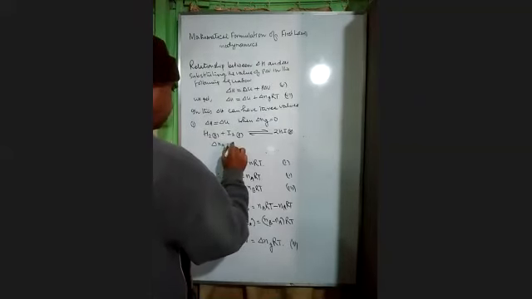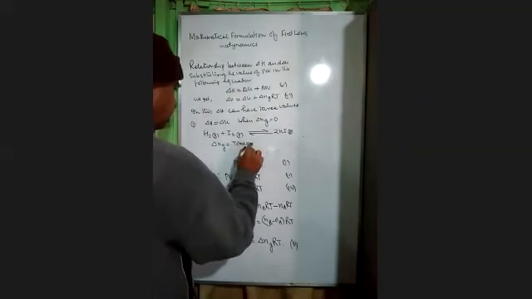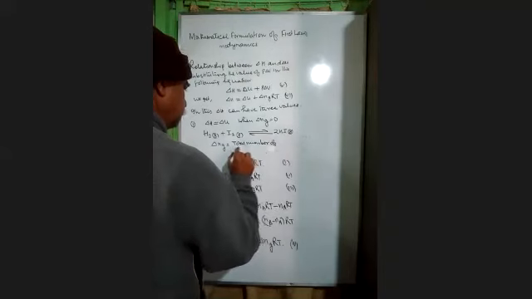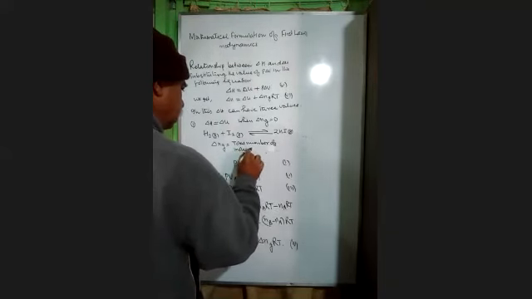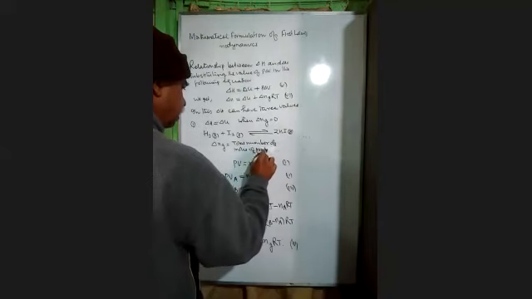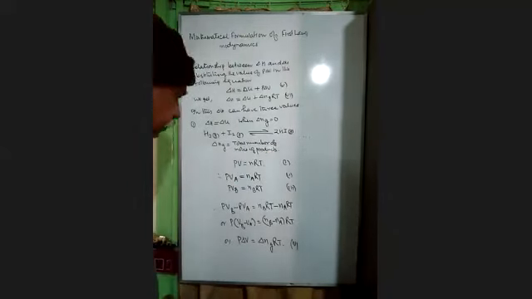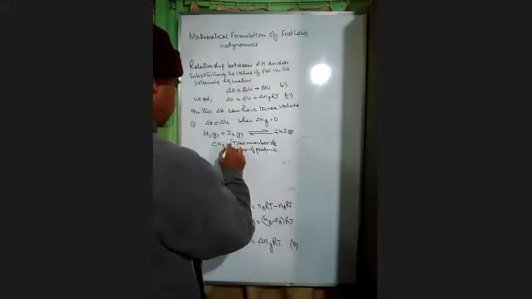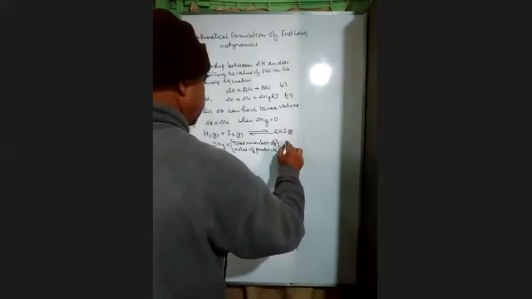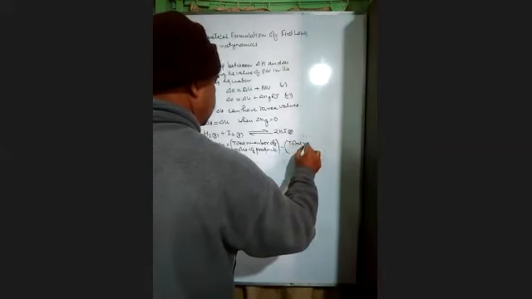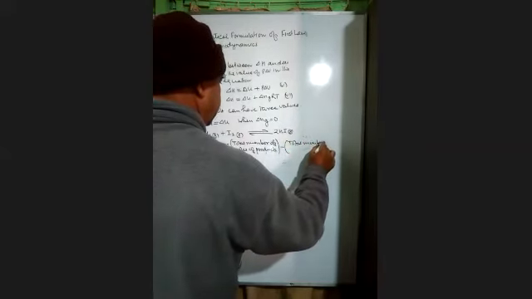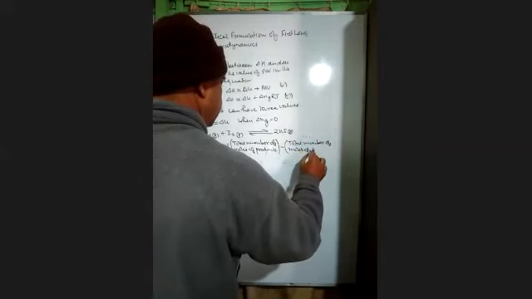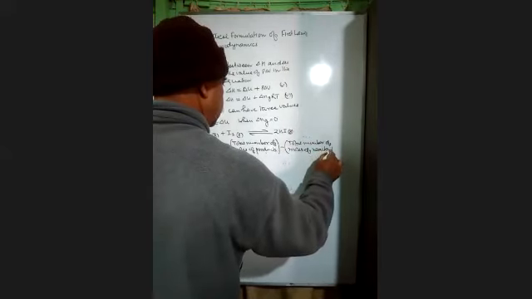So we know total number of moles of product minus total number of moles of reactant.